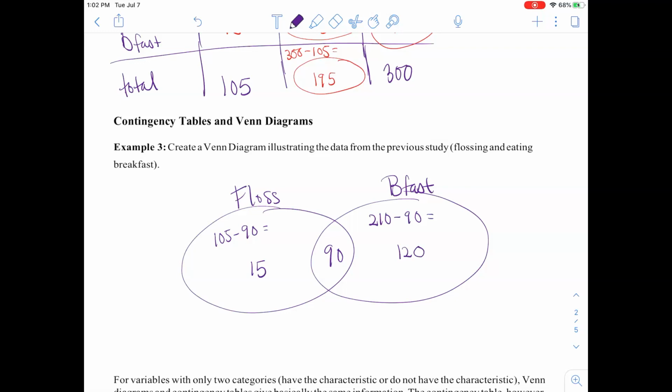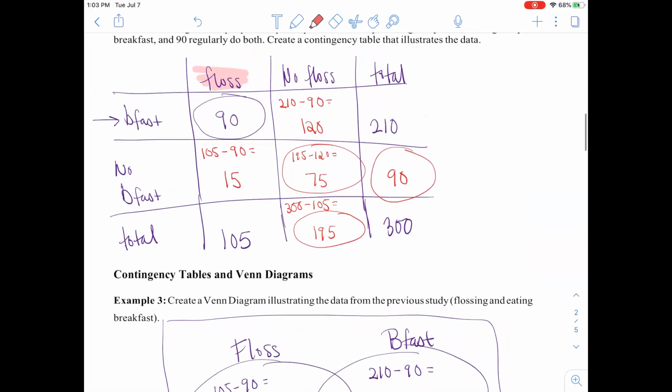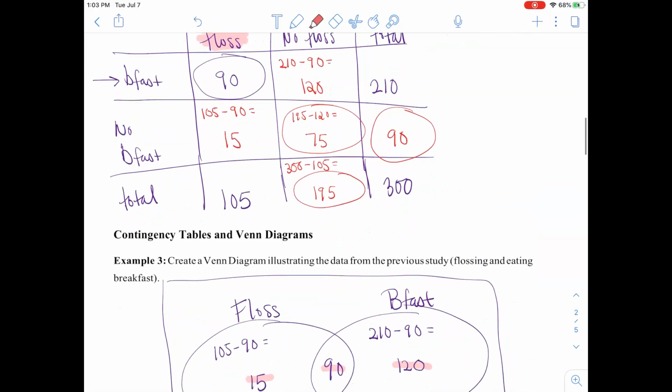Well, if I add 15 plus 90 plus 120, I'm not going to get the 300 I surveyed. So remember, we create a universe. And that means there will be 75 people who don't do either because I need to get to 300. Now, if I look at this data and compare it to my contingency table, I have the same values, okay?